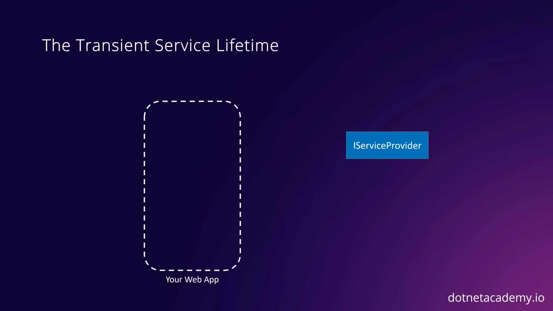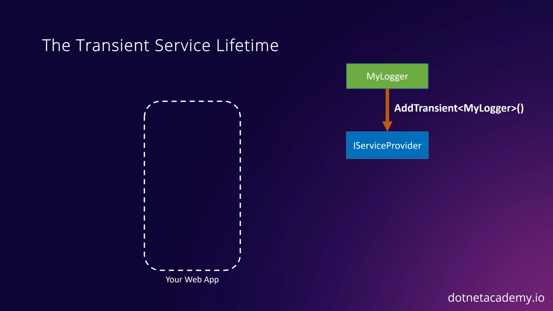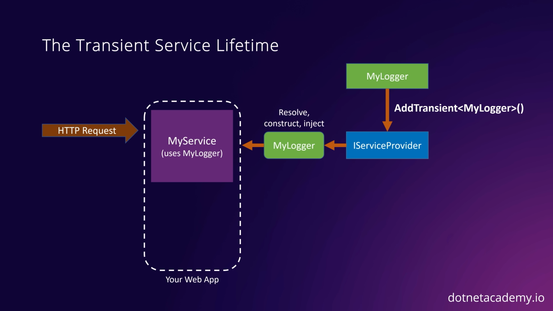Let's say that myLogger is a very lightweight and stateless service, so it's okay to create a new instance every single time any class needs it. In that case, you would register myLogger with the AddTransient method. When the first HTTP request arrives, the IServiceProvider, as usual, will resolve, construct, and inject a new instance of myLogger into my service.